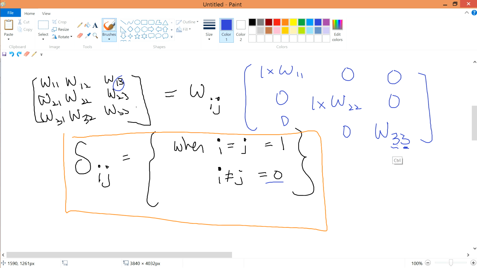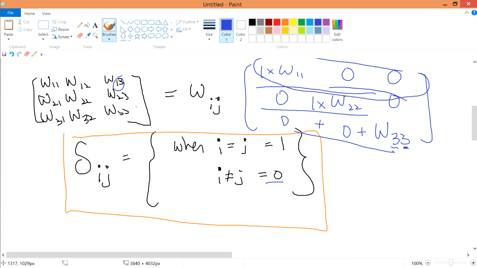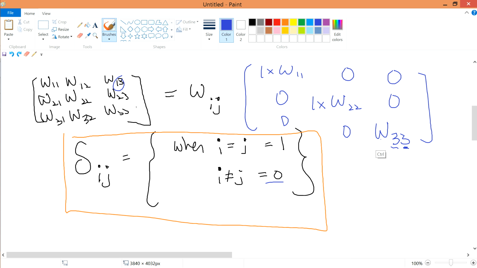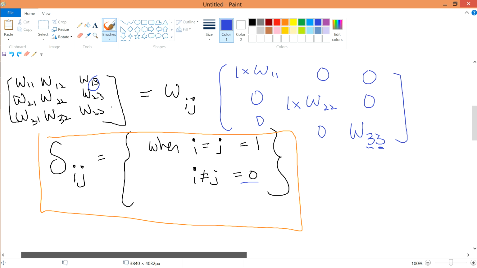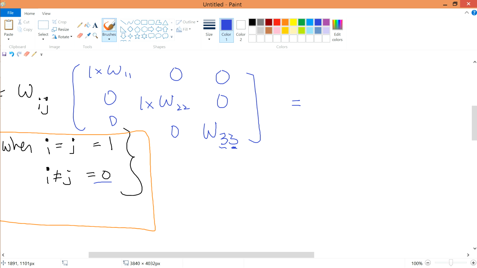I and j are the same, and I can rewrite all this stuff, because if you were to sum it up, these are all based on different vectors. There are 3 vectors over here, 1, 2 and 3. So what we have is w11, plus another vector w22, plus another one w33.